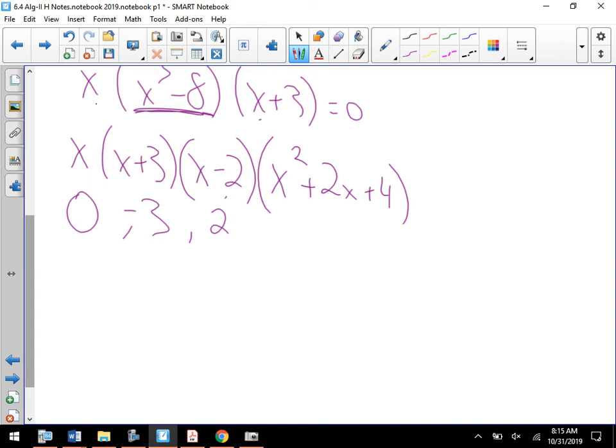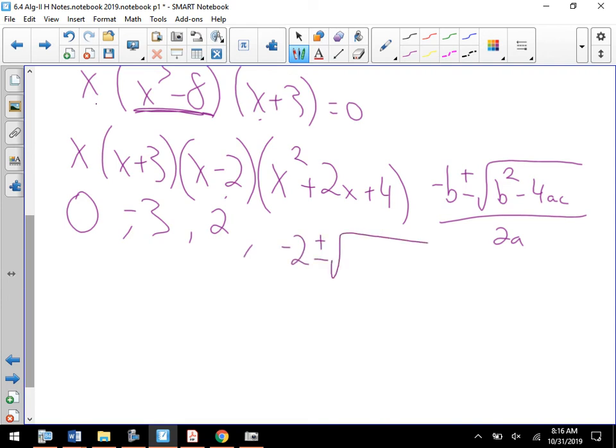All right? So here, you want to get your zeros by the opposite of b plus or minus the square root of b squared minus 4ac, all over 2a. So when you do this part here, I get -2 plus or minus the square root of 4 minus 4 times 1 times 4, all over 2.